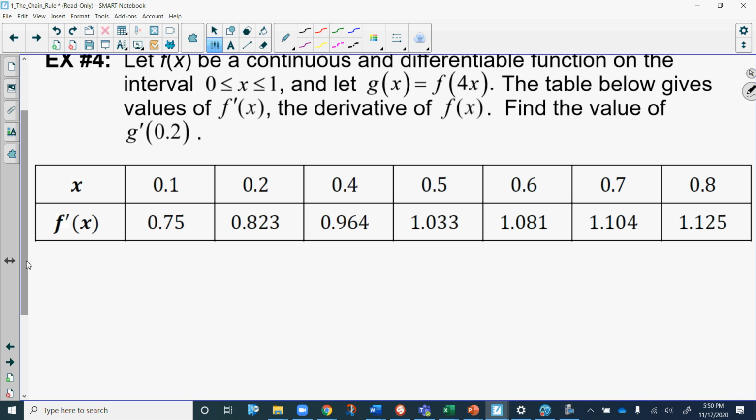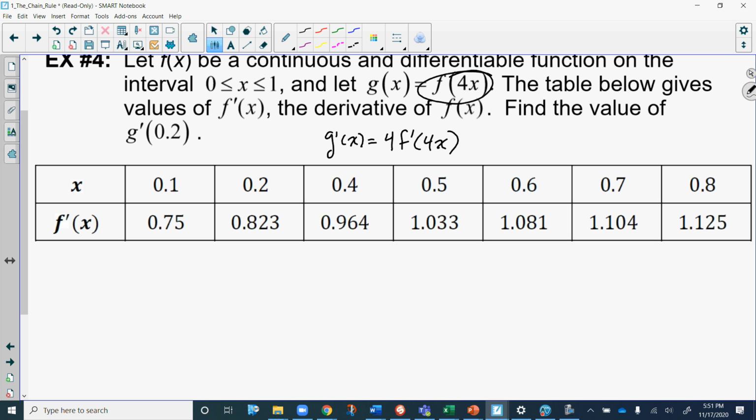So the way that I'm going to look at this is initially I'm going to be thinking that, well, g prime of x must be equal to the derivative of f of 4x. Using the chain rule on this bit here would give me 4 times f prime of 4x.